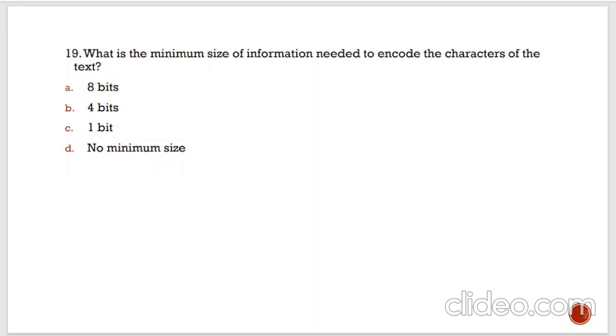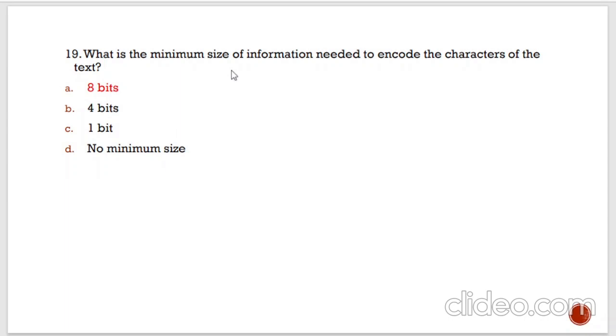We shall discuss this concept very clearly in the coming video lectures. Now what is the minimum size? To encode the particular text or characters entered by the user, the minimum size of information is 8 bits.